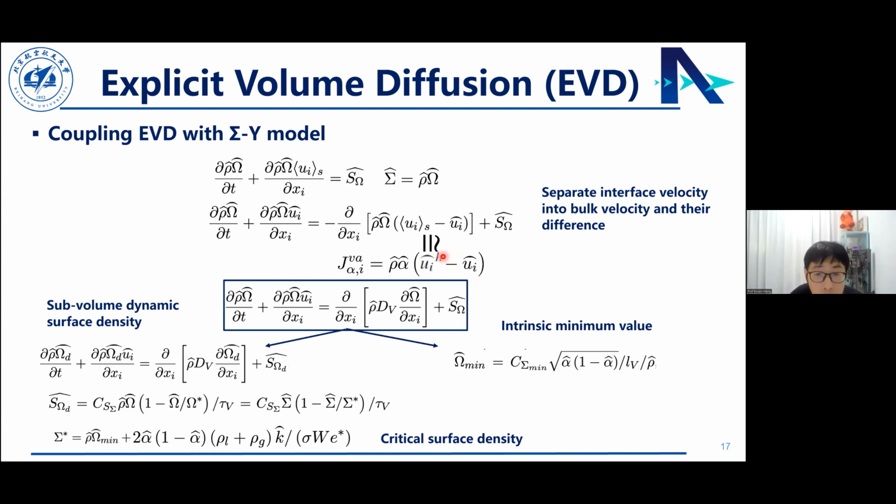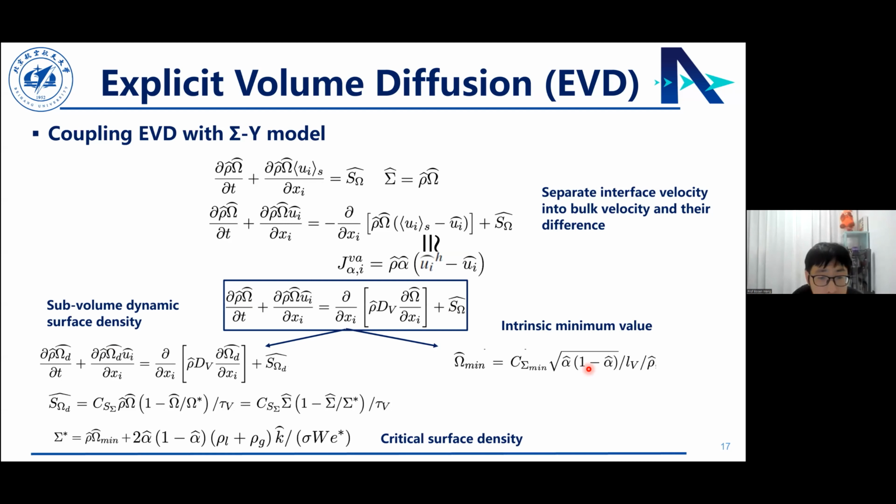Then we have this transport equation, the volume diffusion transport equation, with a volume diffusion of the surface density and a source term here. This equation is usually not solved directly. The surface density can usually be divided into a subvolume dynamic surface density and an intrinsic minimum value. This intrinsic minimum value is related to the volume fraction times one minus the volume fraction, and the square root, divided by the volume scale.